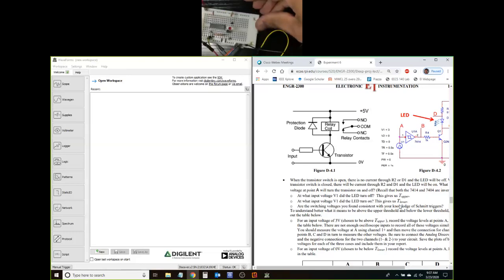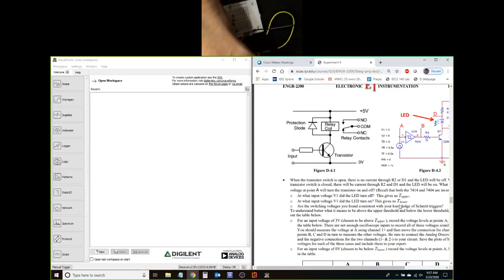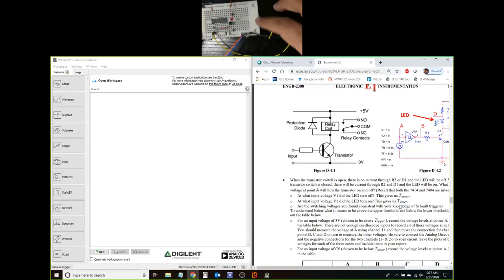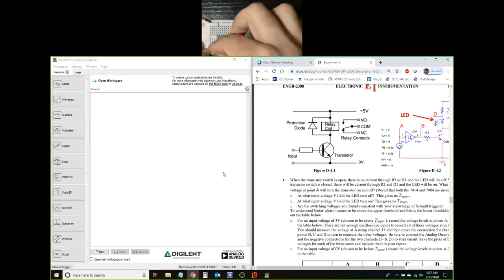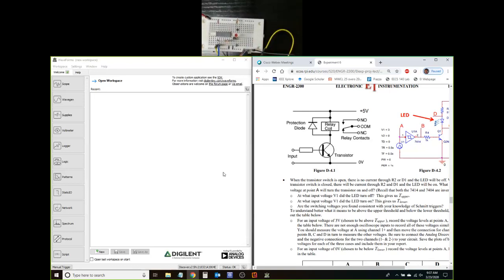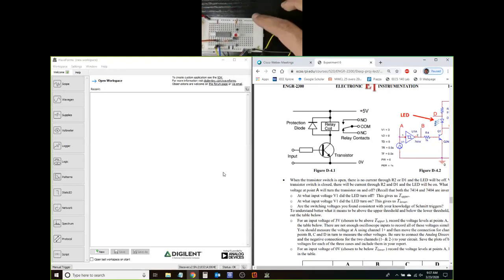And then let's say I'm interested in measuring input on point A versus the output of the chip on B. So I'm going to connect blue to point B and orange to point A. And I'm going to go back to my, let's see here.